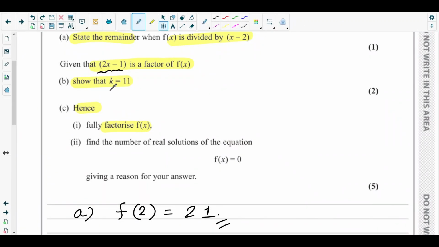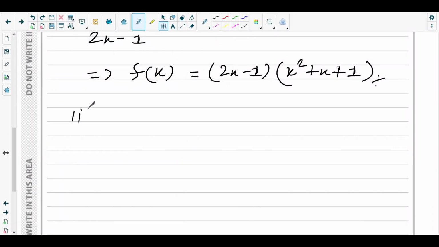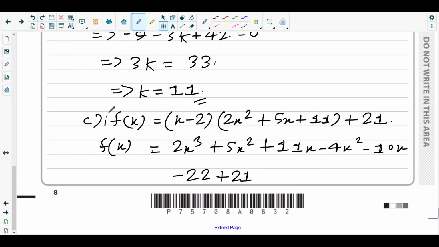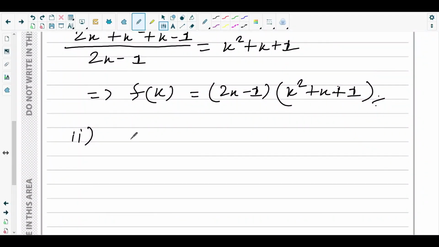Okay, next is part 2 of C. Here the question is asking to find the number of real solutions of the equation f of x equals 0, giving a reason for your answer. The earlier one was part 1, so that was C1, and this is C2.